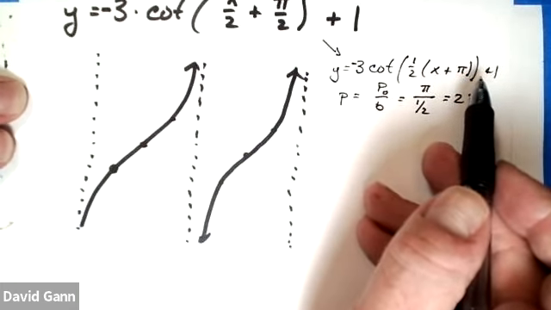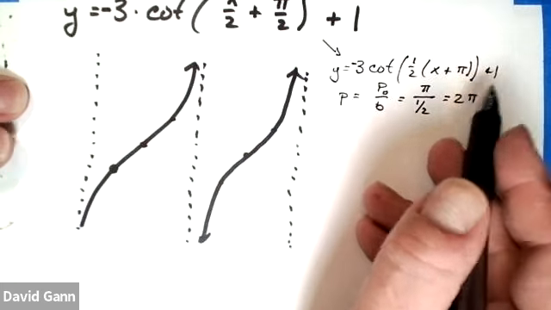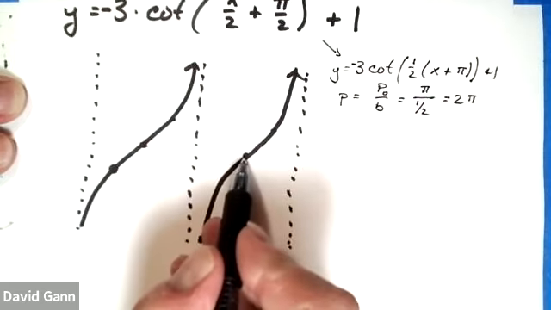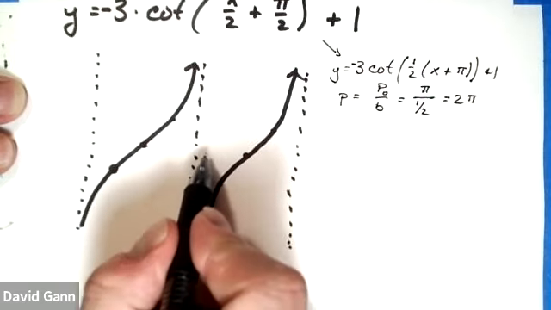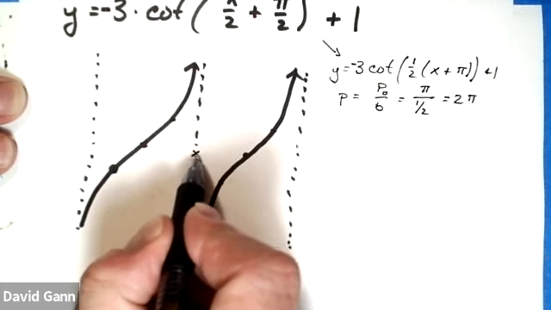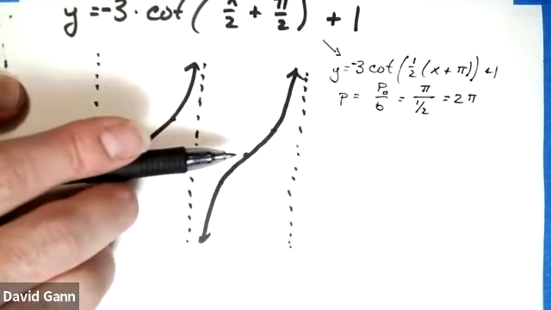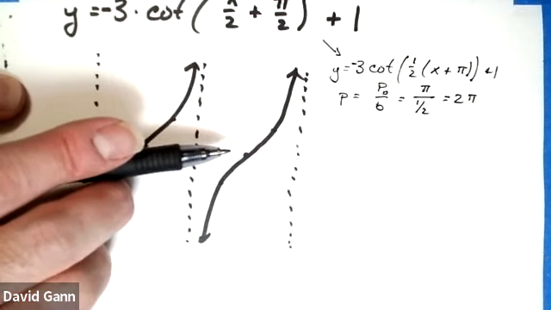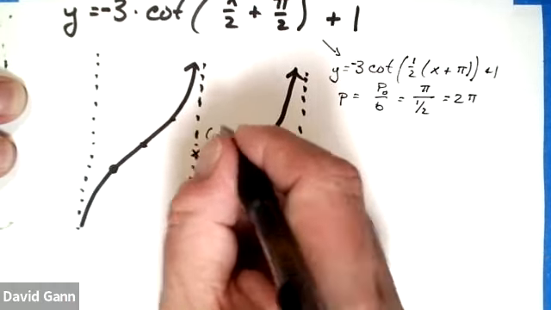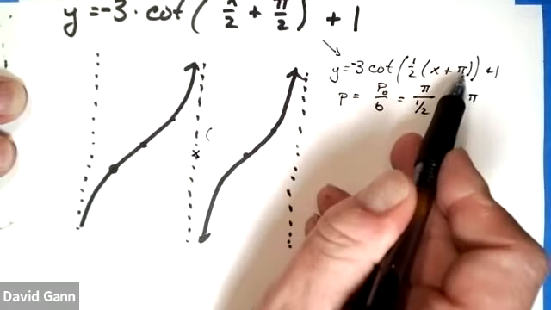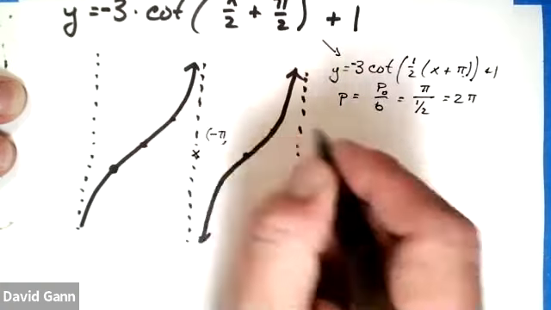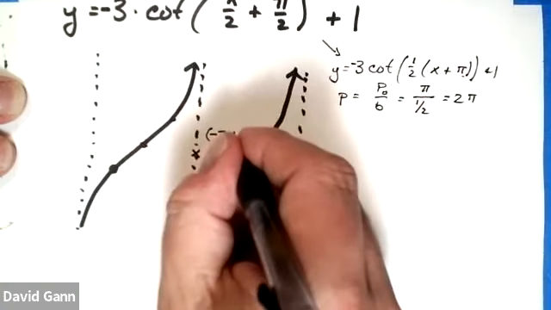So the normal origin of cotangent is coincident with a vertical asymptote. So it's not even on the graph, but we could just pick this one. So there's our vertical asymptote, but the y value is the same as the reflection point. So this coordinate is C, which is negative pi, D, which is 1.